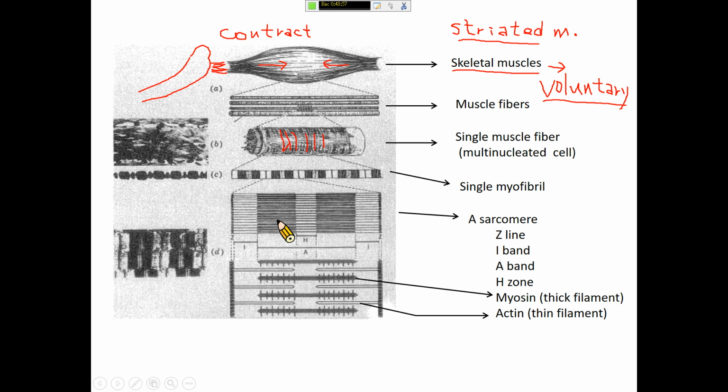Okay. Now, let's look at how the contraction works. Actually, the contraction works this way. When something happens here, the actin and the myosin are attracted to each other.